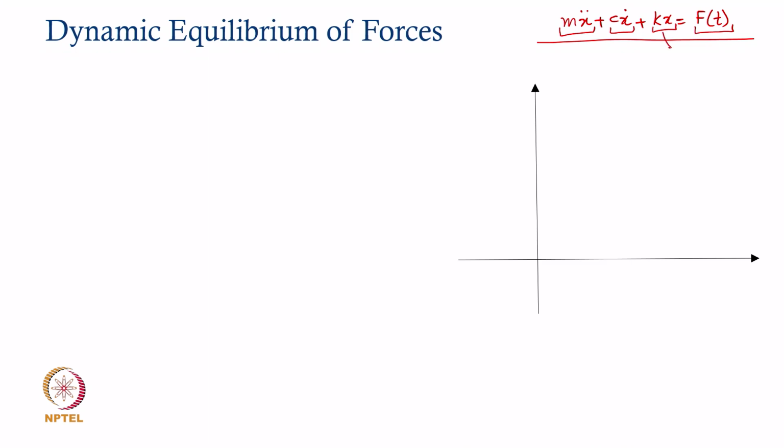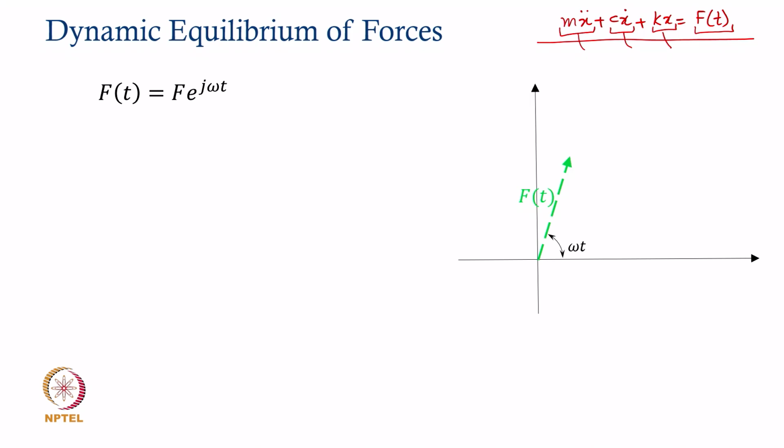This is the restoring force acting on the mass. This is the dissipating force acting on the mass because of the presence of the dashpot or a damper, and this is the inertia force, the fictitious force that we know. We have used this for deriving the governing equation by using Newton's second law. So, essentially these elements of this equation are all forces, and the governing equation is essentially an equilibrium between all these forces.